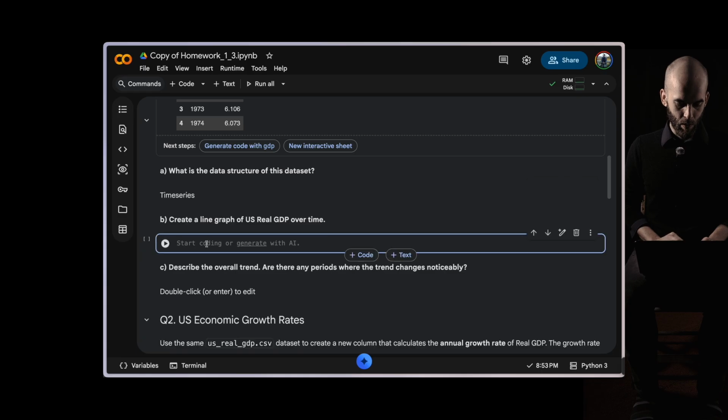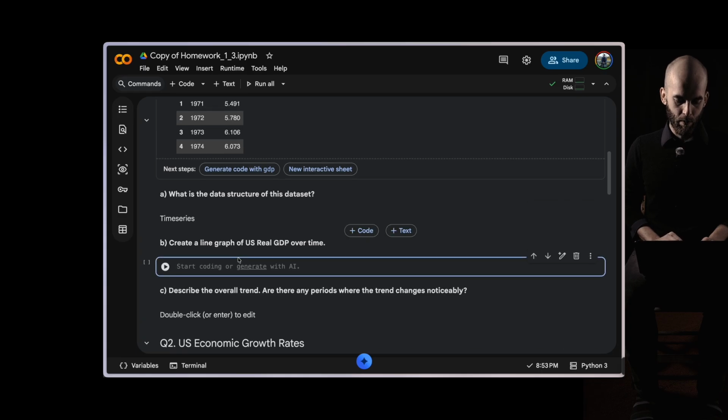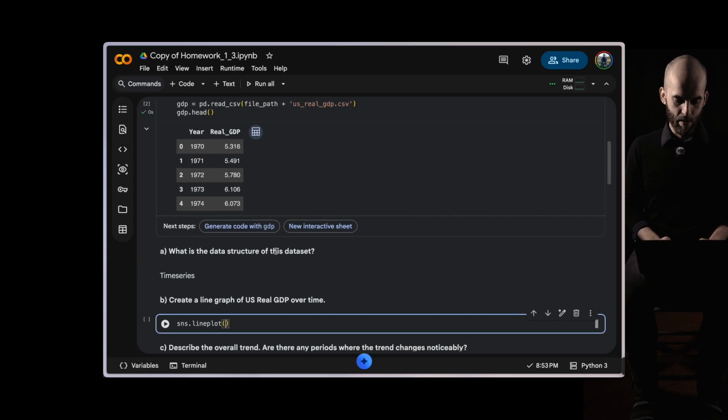And then the second thing to do is to create a line graph of real GDP over time. In this case, all we have to do is use Seaborn. So we have sns.lineplot, and then I'm going to give it the data set, so GDP. The horizontal axis is going to be year, so x is year.